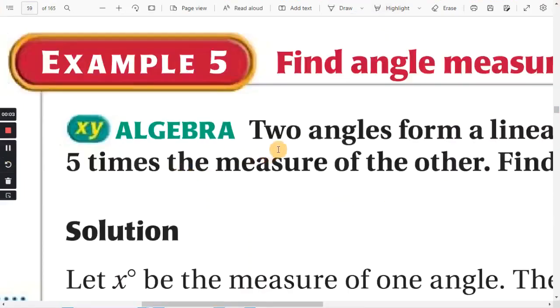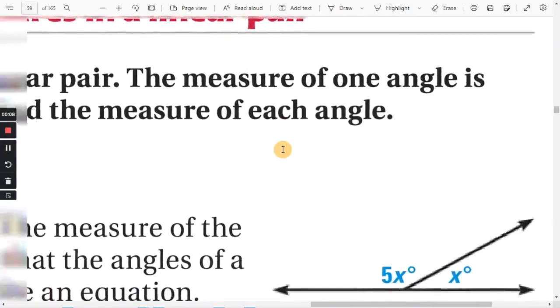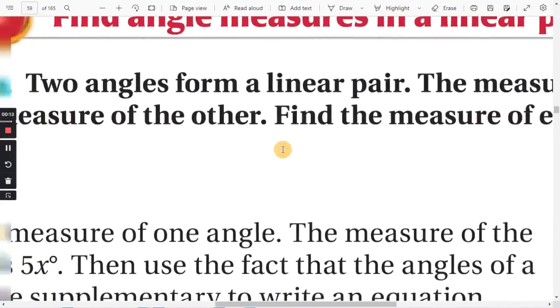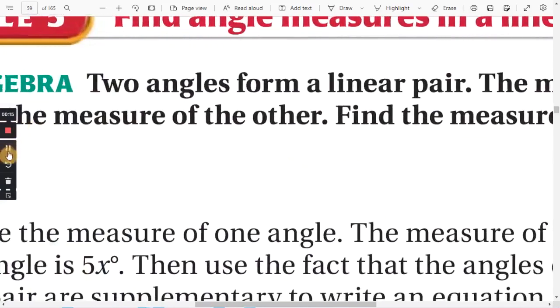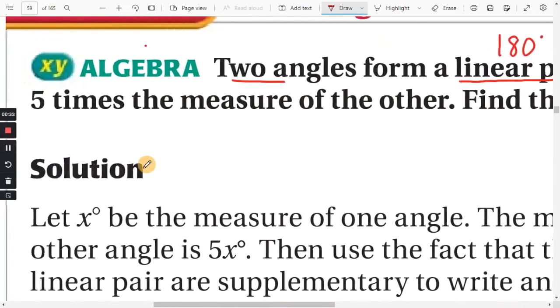Okay, example 5, it says 2 angles form a linear pair. The measure of one angle is 5 times the measure of the other. Find the measure of each angle. All right, now since the 2 angles form a linear pair, it's 2 angles, they're going to add to 180 degrees. And it says the measure of one angle is 5 times the measure of the other.